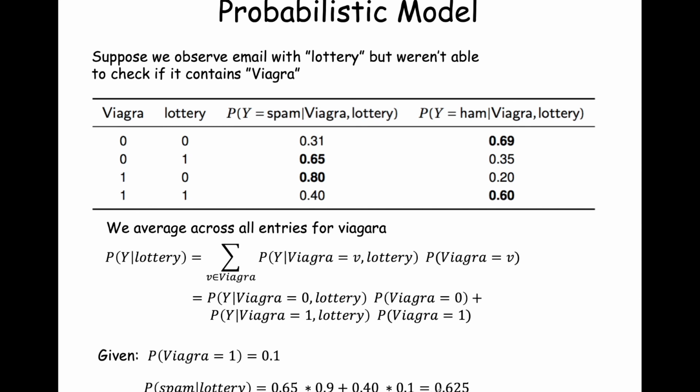We can do that for spam, and for ham, the law of total probability says it's just 1 minus that. Therefore, for this case where the prior probability of Viagra equals 1 was 10%, we get that spam given lottery is 62.5%.